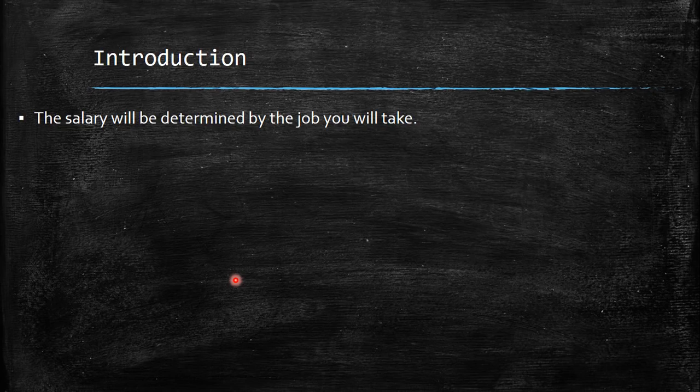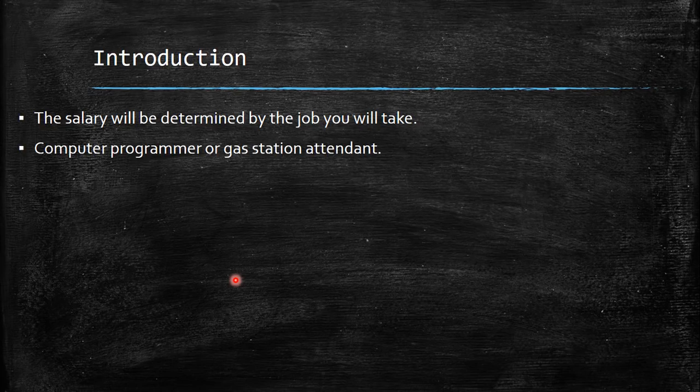When we talk about labor, the price of labor naturally is the wage, the wage that you will take as a worker or the wage that you will pay as the owner of a company. At the end of the day, the salary will be determined by the job you take.